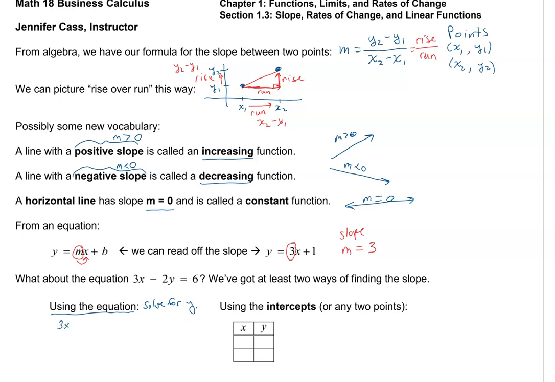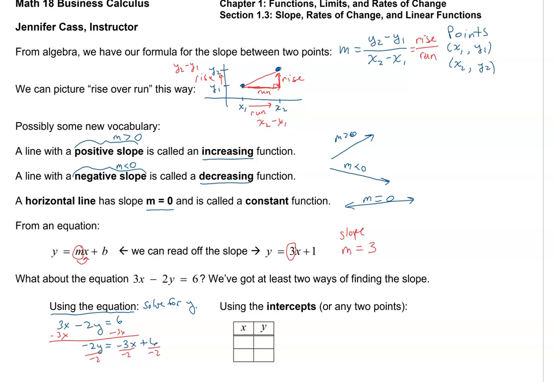So copying it down, 3x minus 2y equals 6, subtracting the 3x, keeping that negative with the 2y, we get negative 2y equals, and to make it look like y equals mx plus b, I'm going to tuck the minus 3x in front of the plus 6. Then I have to divide everything by that negative 2. And on the right-hand side, I like to show that by dividing each term by the negative 2 so that I can keep all my signs straight.